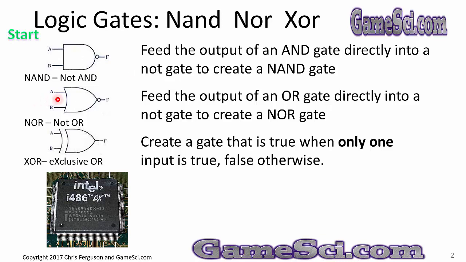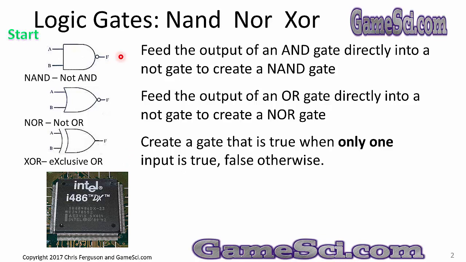This is a NOR gate or not OR. If you feed the output of an OR gate directly into a NOT gate, you create a NOR gate or not OR. This is an XOR gate or exclusive OR gate. Create a gate that is true when only one of the inputs is true, false otherwise.